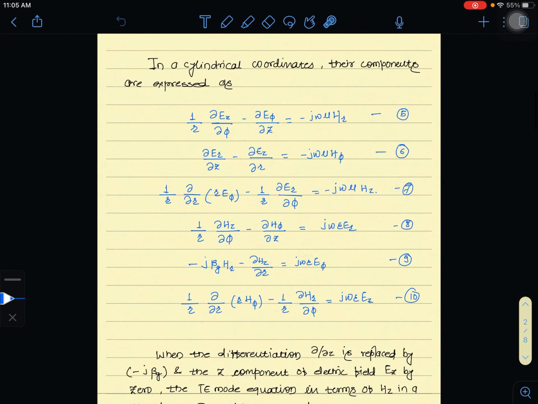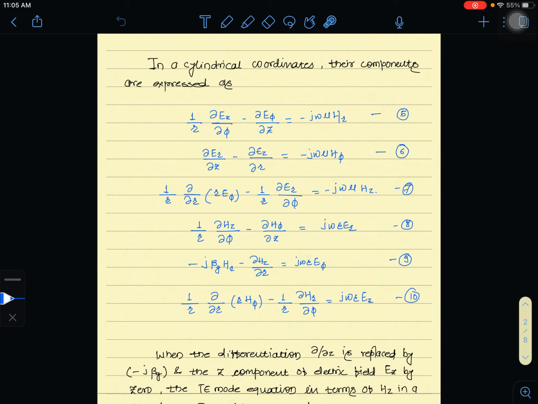Now let us see these equations one by one. In the first equation, the coordinate r of the cylinder is expressed. In the second, the important factor related to phi is expressed.